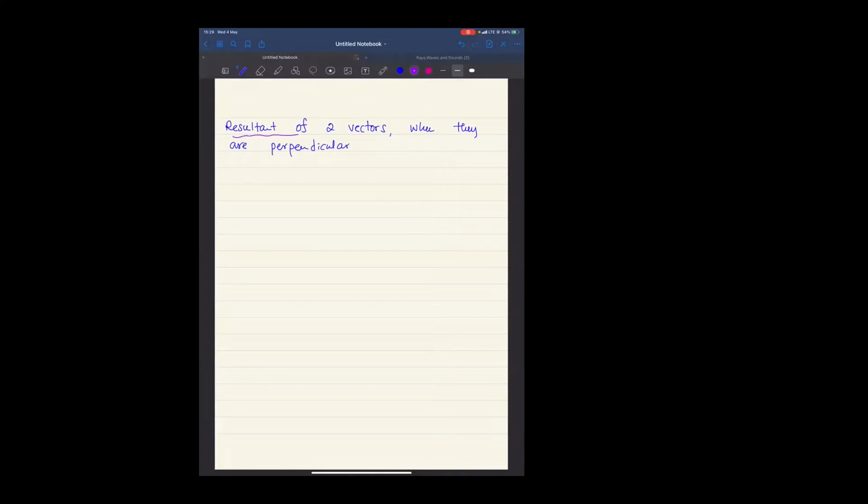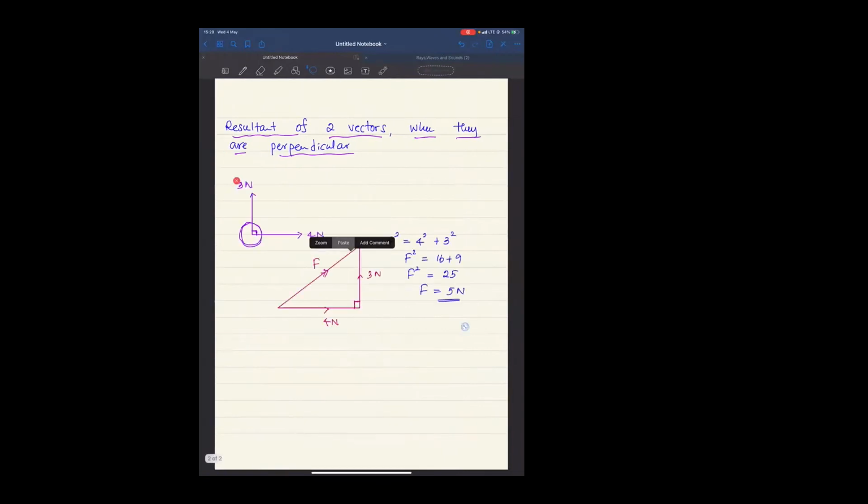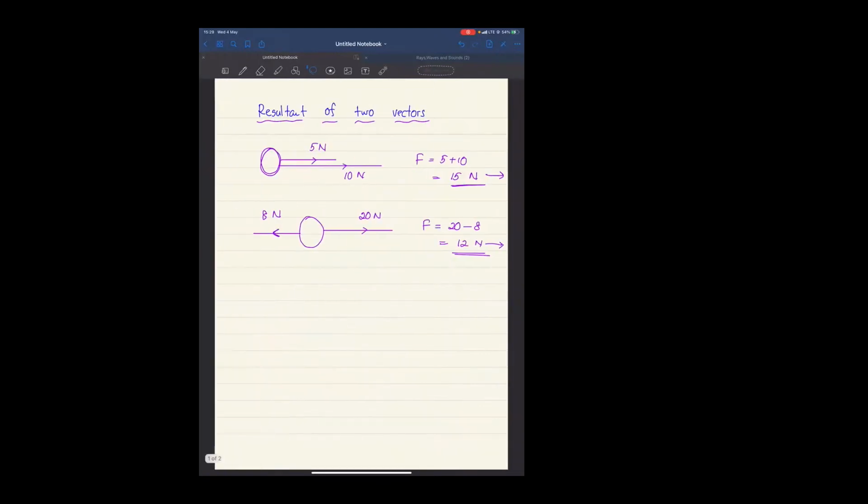Take down this one where you need to show the two forces are perpendicular.